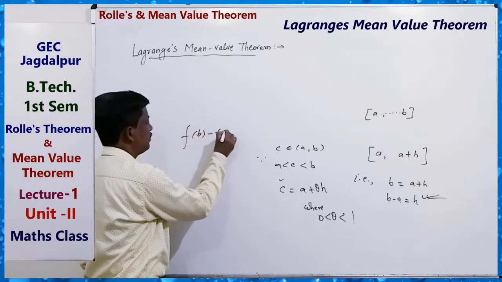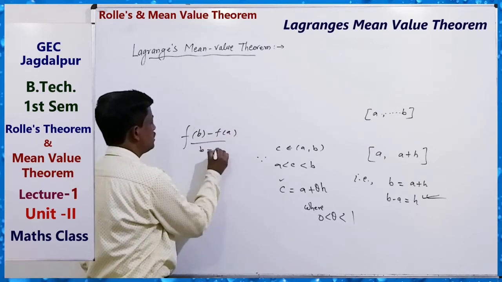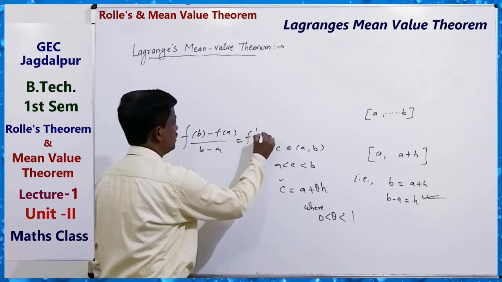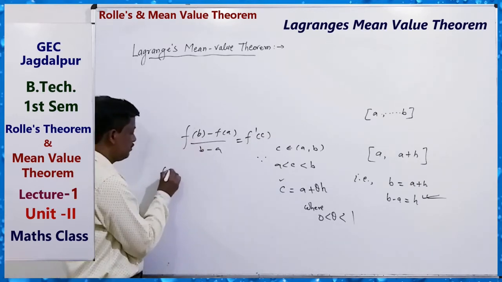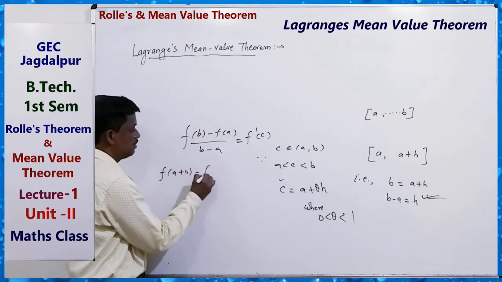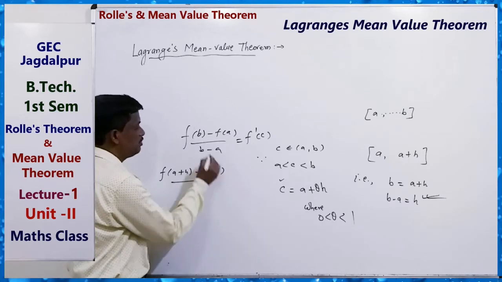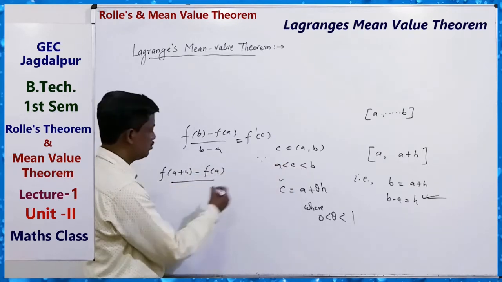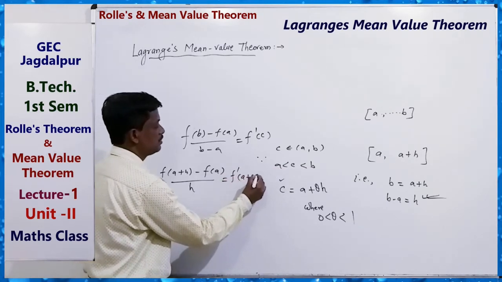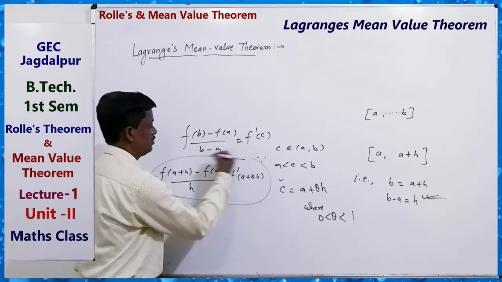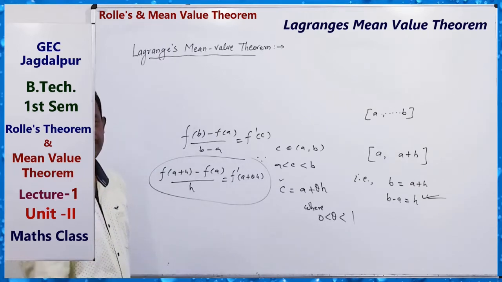So the condition f(B) minus f(A) upon B minus A equals f dash C can be written as f(A plus H) minus f(A) upon B minus A, and B minus A equals H, equals f dash of A plus theta H. This is a new format.